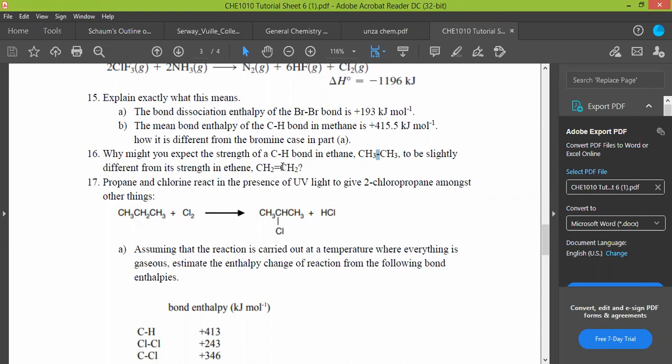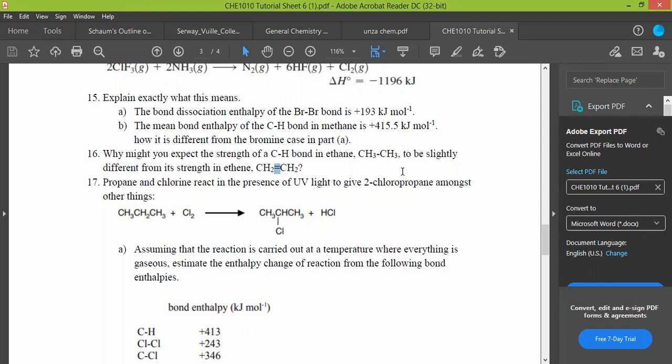If you check here, that is a double bond. Because of this, these two carbon atoms are different from these two carbon atoms in terms of hybridization. Because they are differently hybridized, their orbital sizes are different, meaning the bond distances are also going to be different.